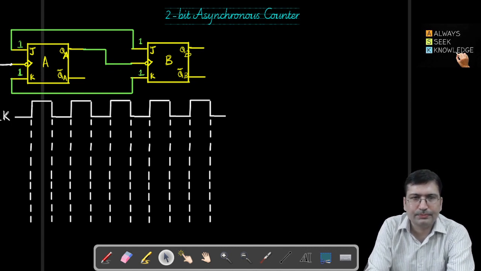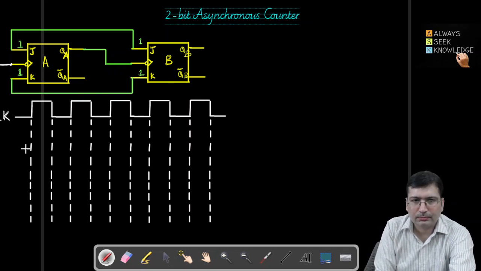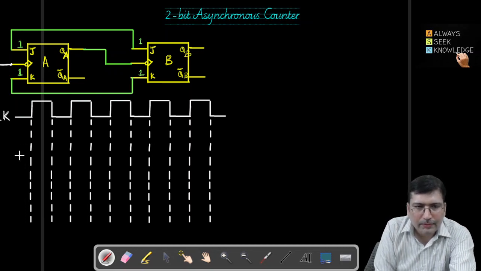Let's draw QA. So I'm writing here QA. When QA is coming initially, I assume that QA was 0. So I consider QA was 0 initially.